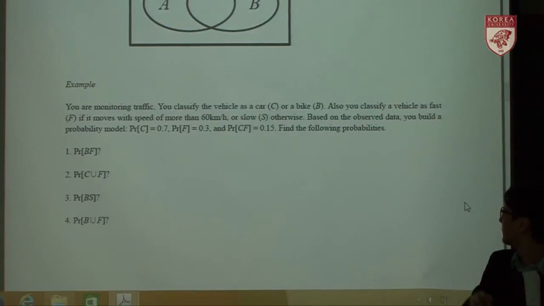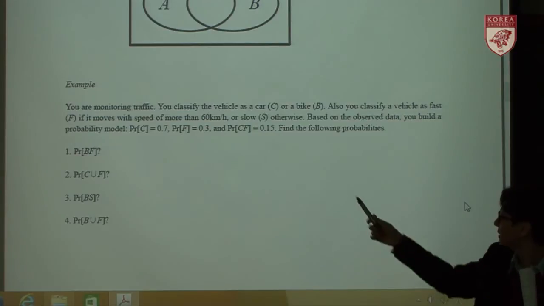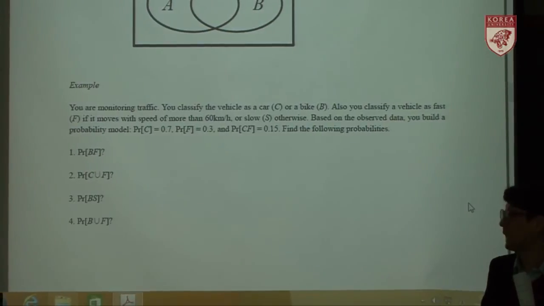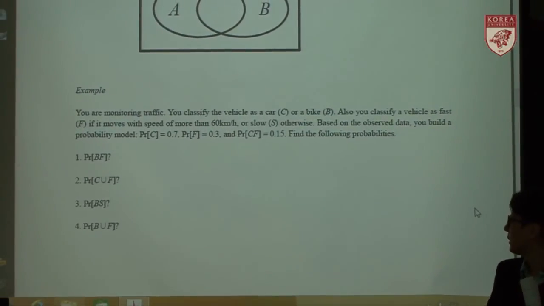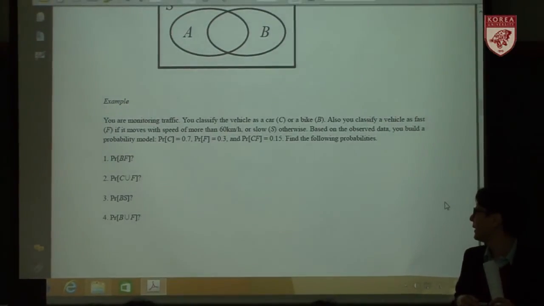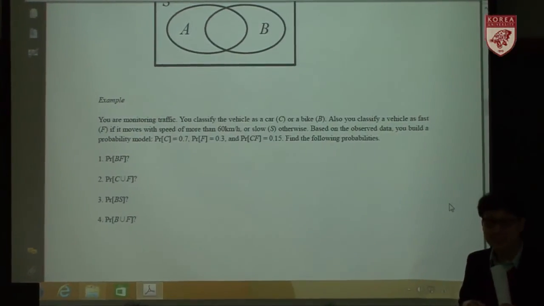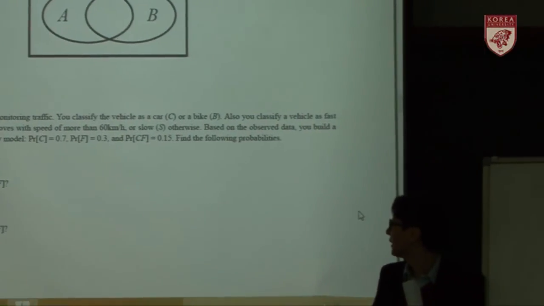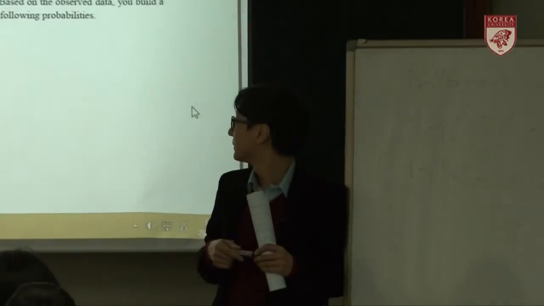Then, based on the observed data, you build a probability model. That is, probability of car is 0.7. Not percent, 0.7. And the probability of fast is 0.3. And probability of it's a car and fast, a fast car, is 0.15.